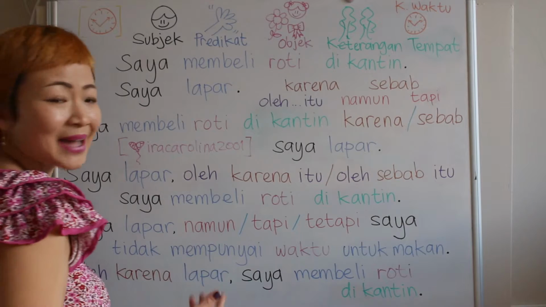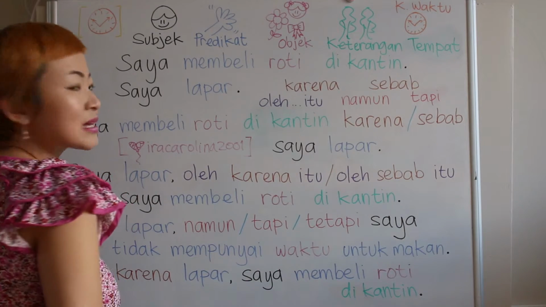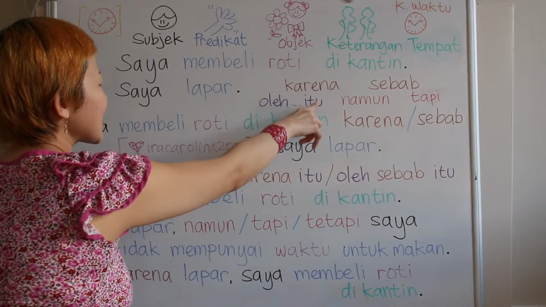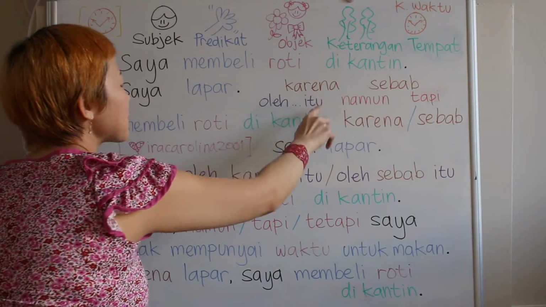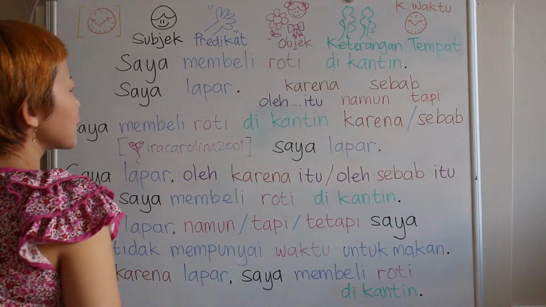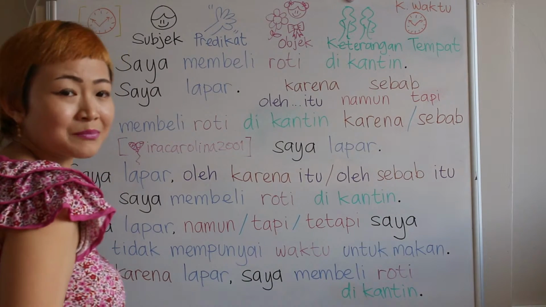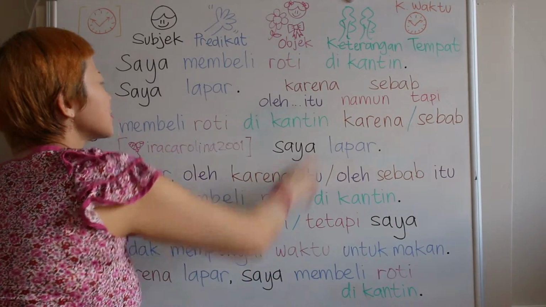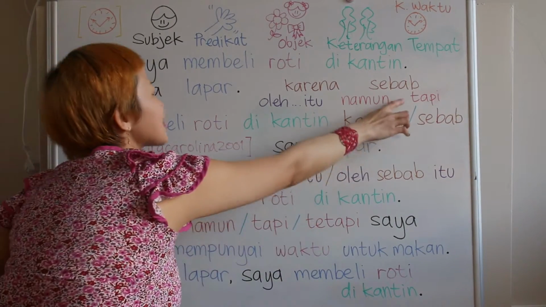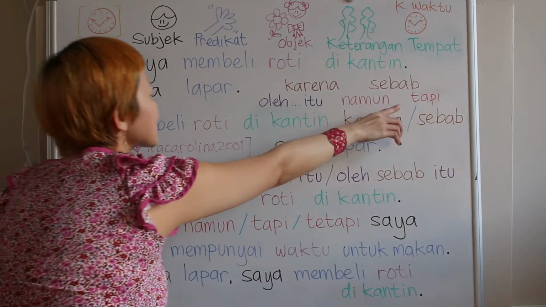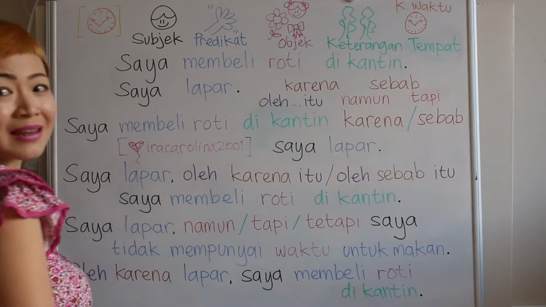Oleh is by, itu is that, because of that, oleh karena itu, oleh sebab itu. And we will also learn about but. But is namun or tapi. Namun, tapi. Let's start.